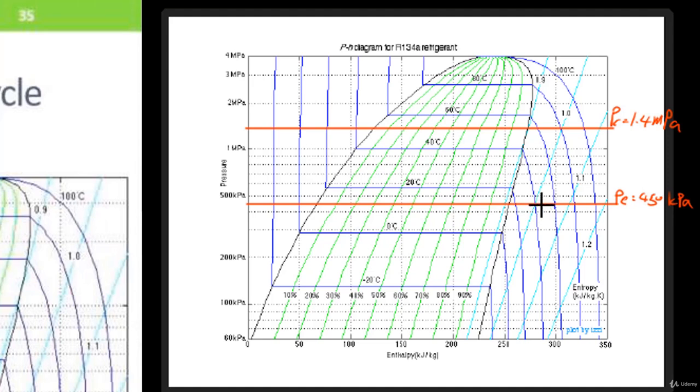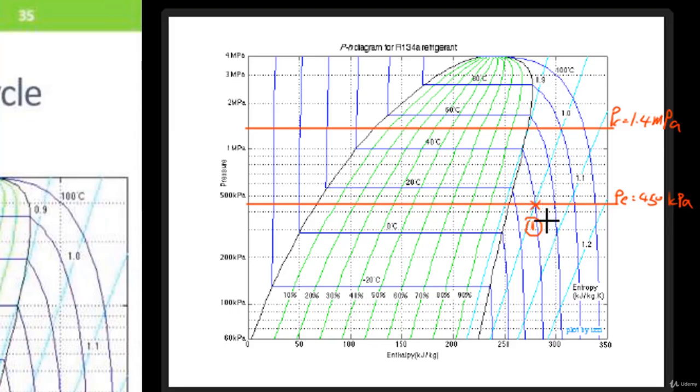So you follow this 40 degrees Celsius constant temperature line, 40, 40, 40, and continue to move down until it's at this particular point. This is your evaporating pressure at 450 kilopascal and temperature at 40 degrees Celsius, which is the point 1 that you want. So just put a cross and label it 1.